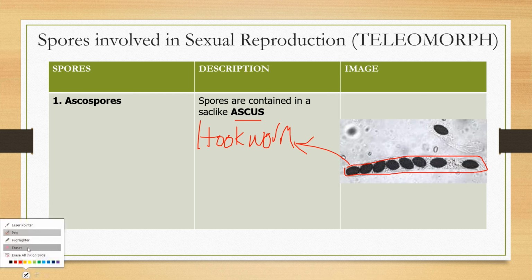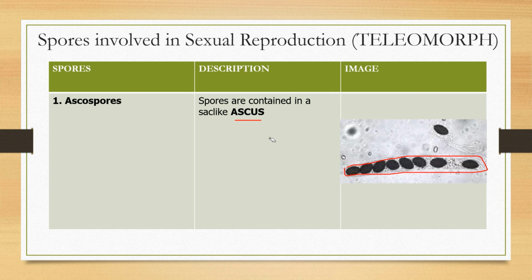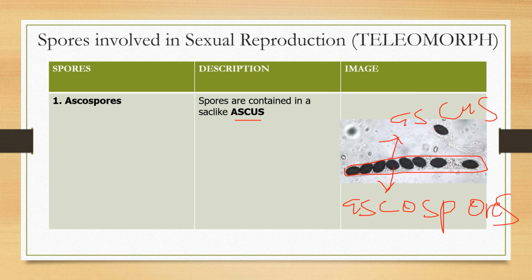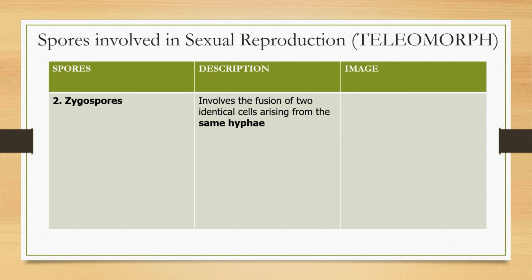Kala mo parasite. Anyways, so inside this ascus class, ito yung covering or yung sac-like structure. This is the ascus. And inside the ascus, you can find the ascospores.